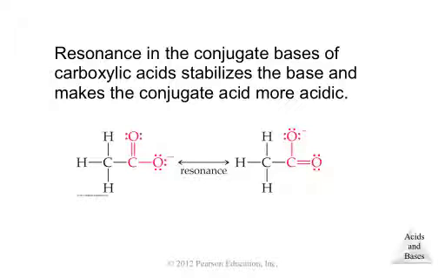So if we take a carboxylic acid and lose the hydrogen, you're left with this conjugate base that you're looking at here. The more stable that product is, the more likely you are to make that product. More stable means you're lowering in energy, and we always push towards that in the real world.